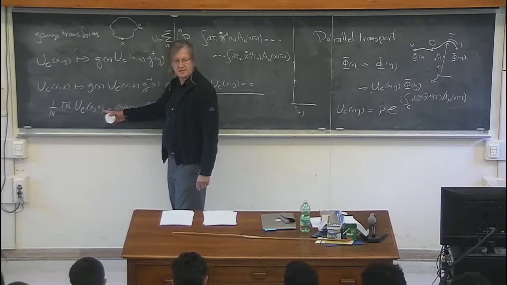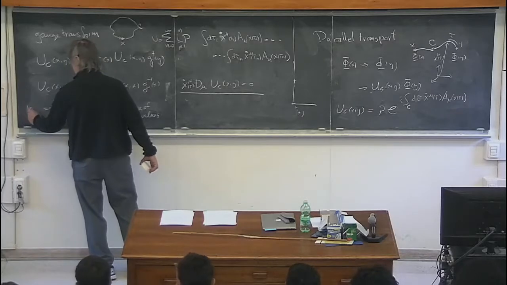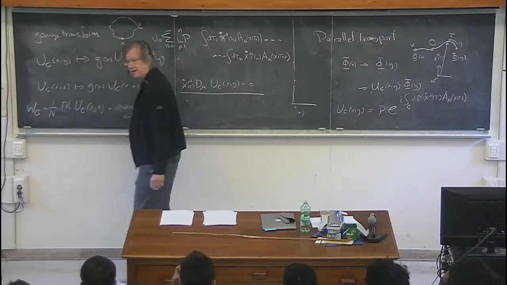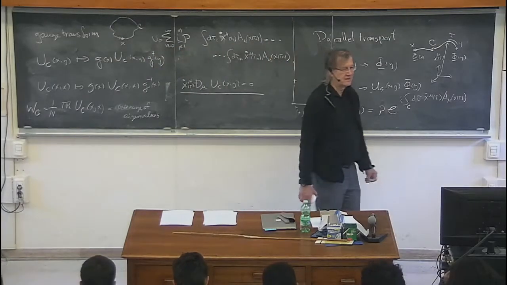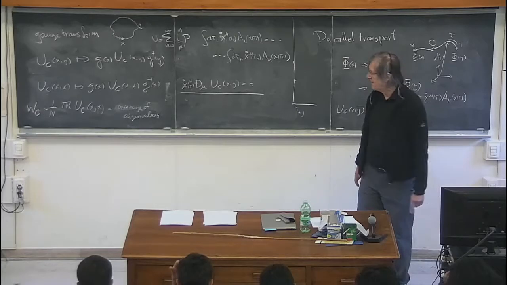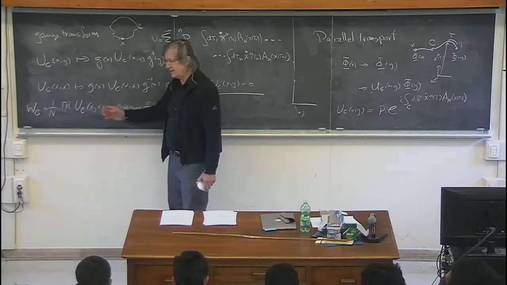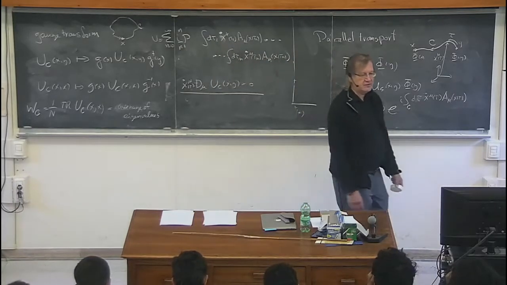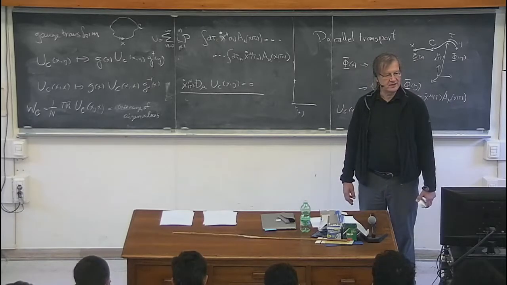And this is important enough that we'll give it its own name. This is something which I will call the Wilson loop, which is labeled by the curve that you're using. And this is something which we'll promote to quantum field theory and talk about there. So this average of the eigenvalues is a kind of diagnostic for the nature of the connection.